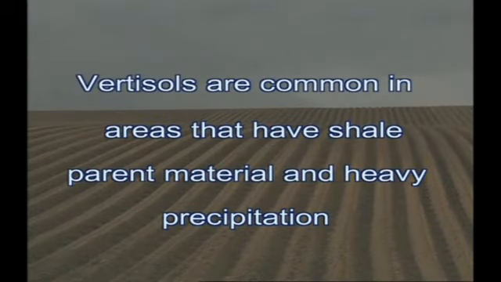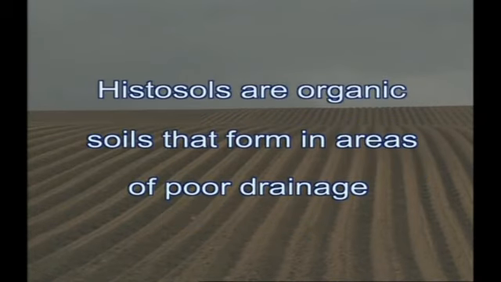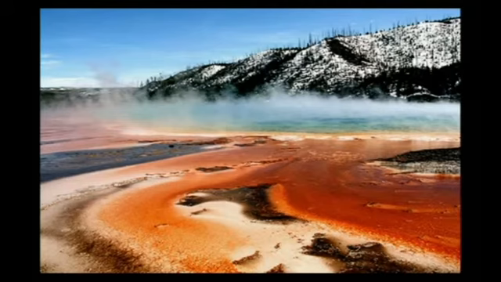Vertisols are common in areas that have shale parent materials and heavy precipitation. Histosols are organic soils that form in areas of poor drainage. Their profile consists of thick accumulation of organic matter at various stages of decomposition. Andisols develop from volcanic parent materials.